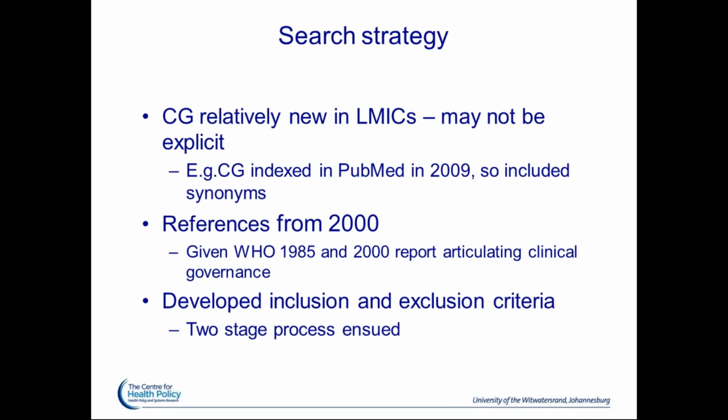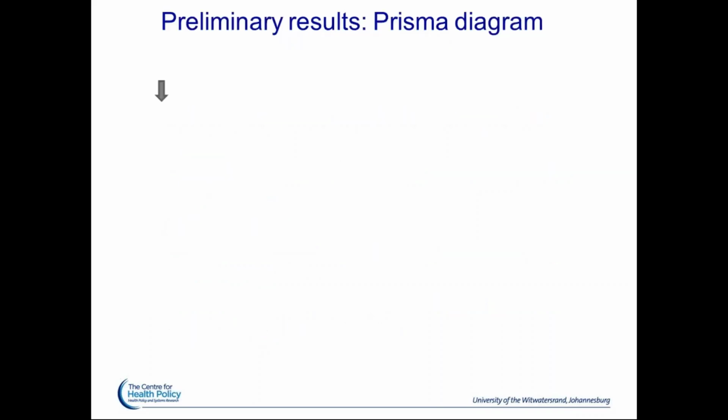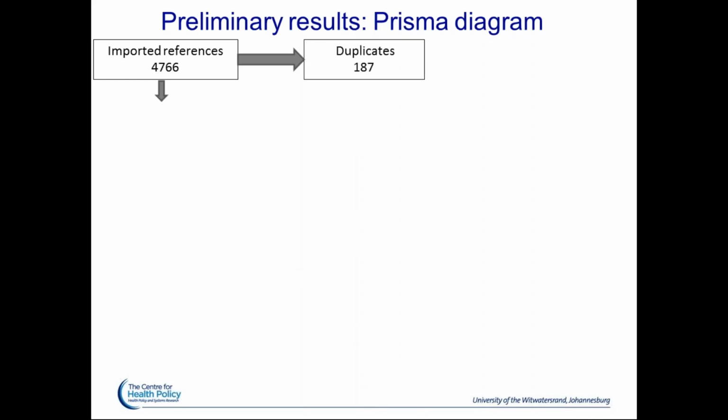We also developed inclusion and exclusion criteria, which took a two-stage format. Based on our preliminary results, after using our search strategy, we had over 4,000 references that were exported to a systematic review platform called Covidence.